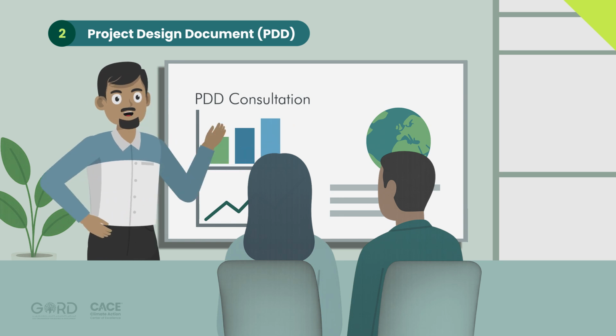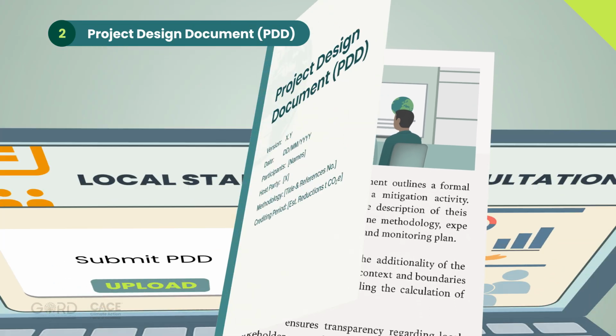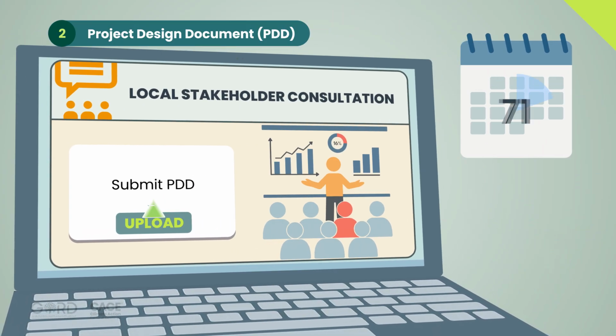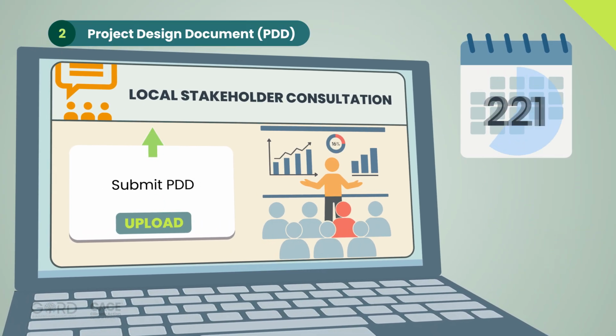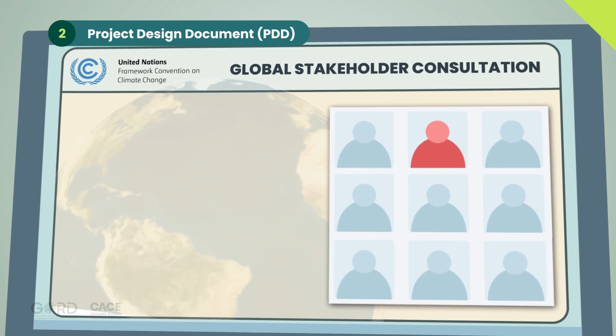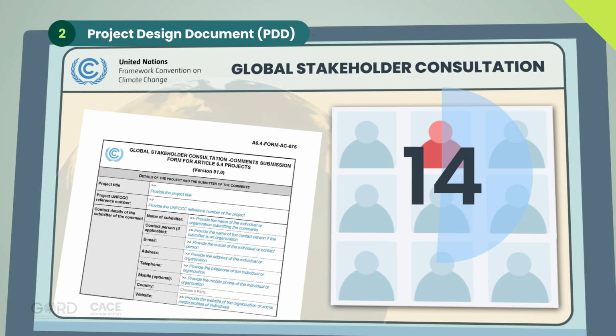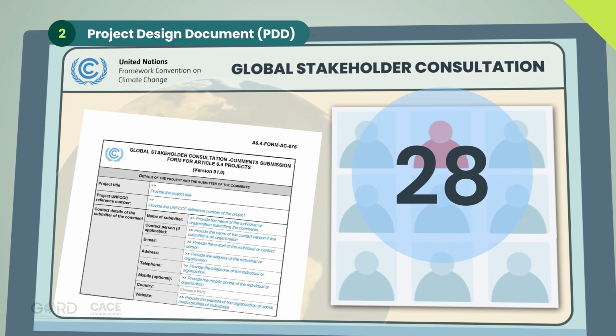The activity participants develop the PDD, conduct a local stakeholder consultation, and then submit it to the Secretariat for Global Stakeholder Consultation within 365 days of the prior consideration. The Secretariat publishes it on its website for a 28-day consultation period.